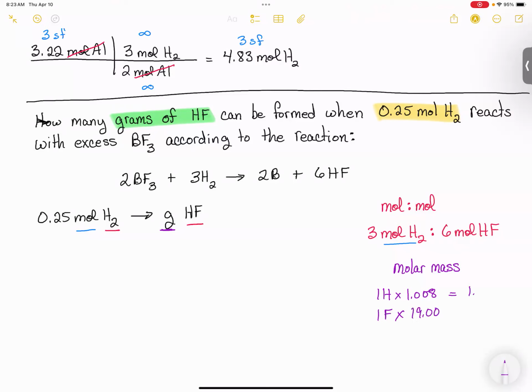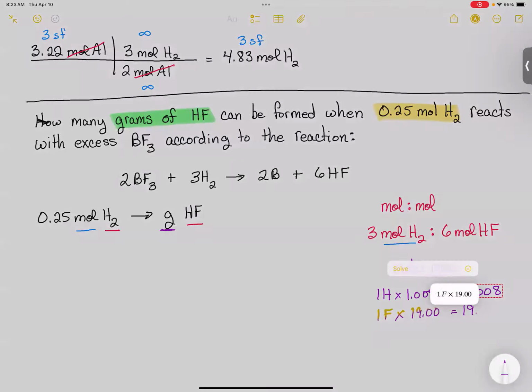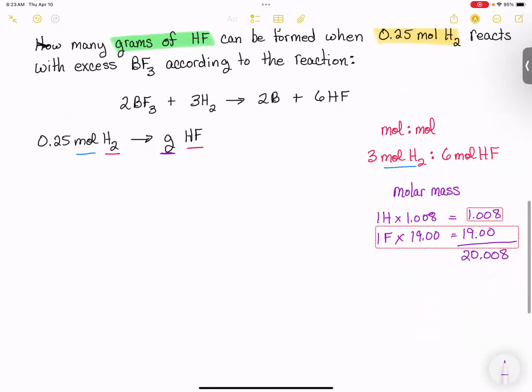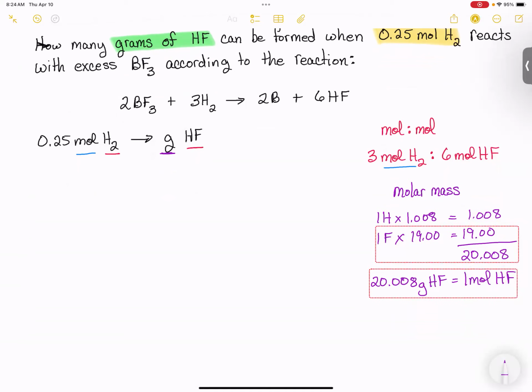So that's 1.008 plus 19.00, meaning that we're dealing with 20.008. That is going to be 20.008 grams of HF is 1 mole of HF. This comes back to our molar masses we learned to calculate.